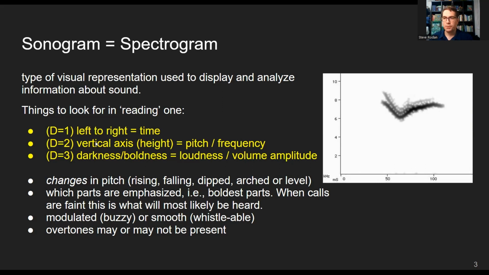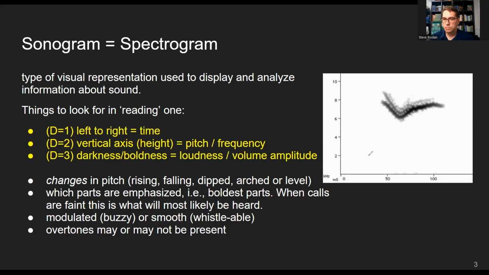D equals 1 for dimension 1. First dimension is time. So this is going from left to right. And the second dimension, D2, is the vertical axis, or the height. And this corresponds to pitch or frequency. Pink, why not? Okay.